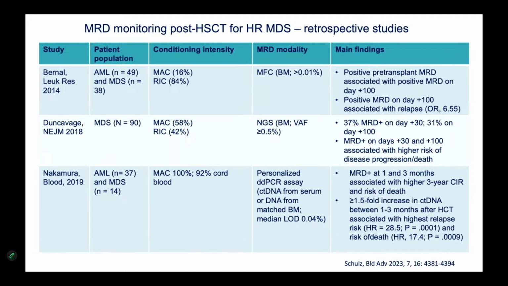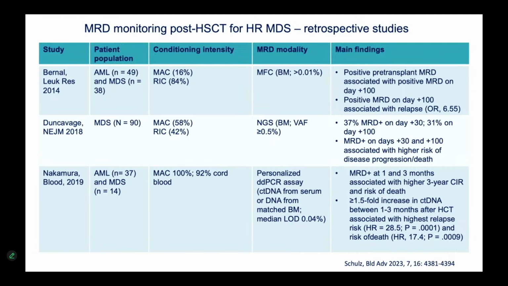And so these are some retrospective studies that have looked at MRD monitoring post-transplant for high-risk MDS. Essentially, they have tended to use different modalities. In the top study, multiparameter flow cytometry; the Dillon study published in NEJM in 2018 looked at NGS; and Nakamura more recently published the use of a personalized ddPCR assay to monitor patients undergoing transplant.